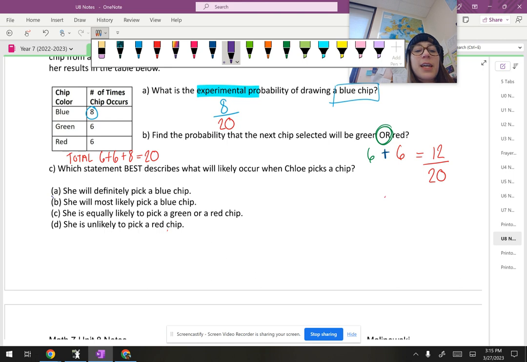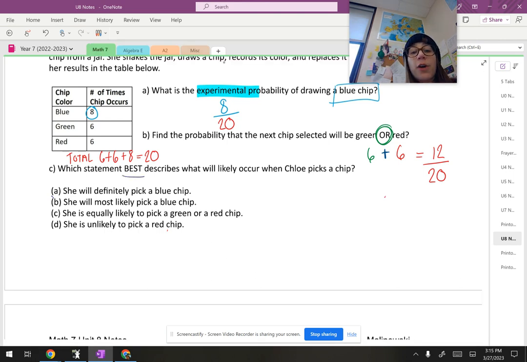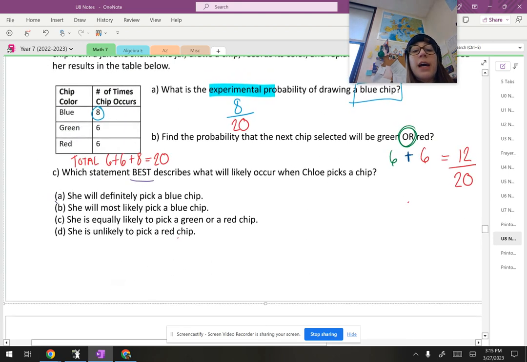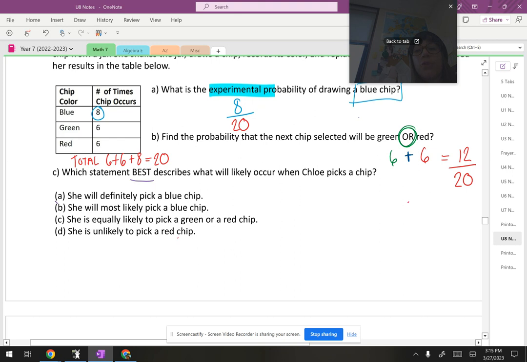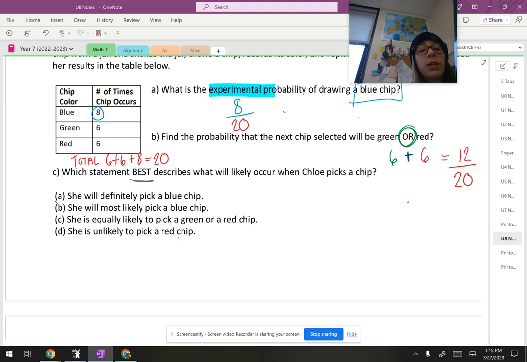So this part is saying, which statement best describes what will occur when Chloe picks a chip? A is saying that she will definitely pick a blue chip. Well, we figured out that the probability of picking a blue chip was 8 out of 20, which we can actually convert to a percentage because I know how much everyone loves fractions. That's equal to 0.4, which is equal to 40%.